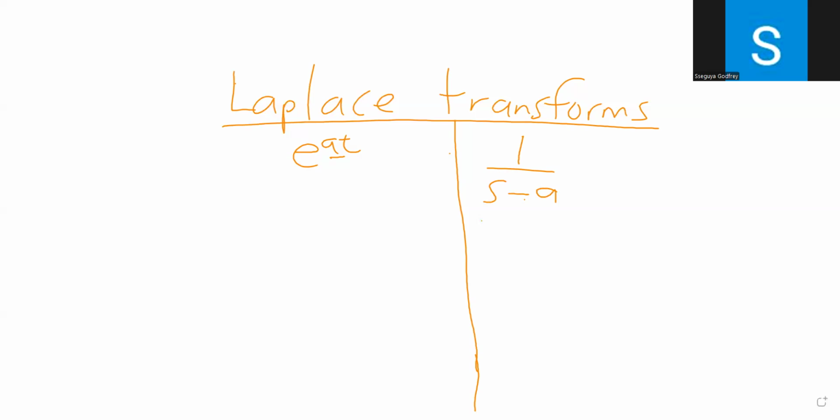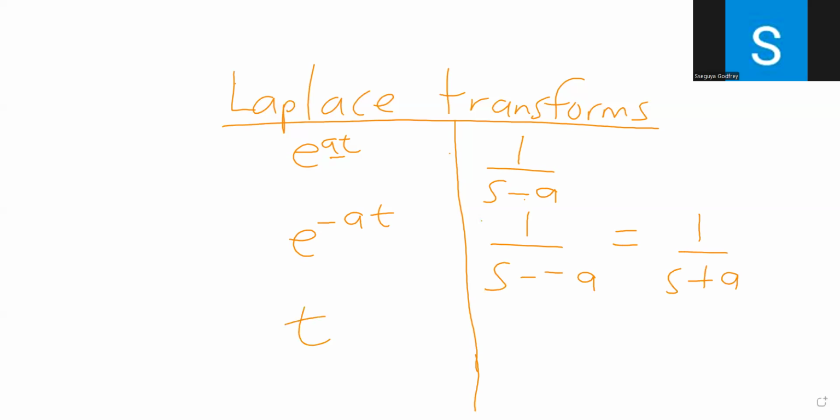That is uniform, meaning that if it was e^(-at), where there was a, it's now negative a. It will be 1 over s minus (negative a), which will equal 1 over s plus a. Simple as that.